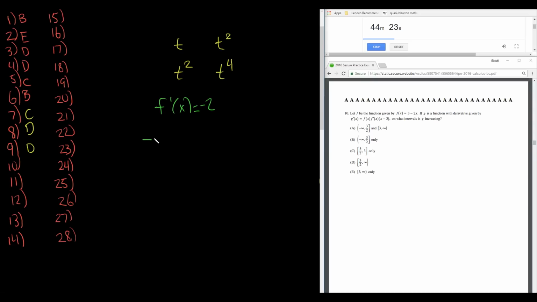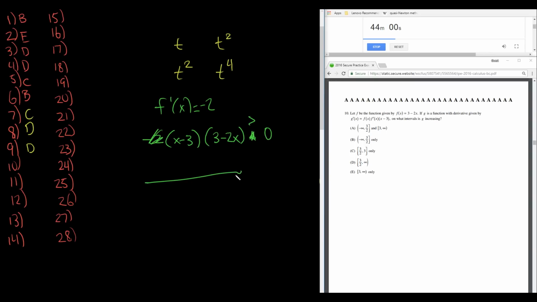So we're looking for where negative 2 times x minus 3 times f of x, so times 3 minus 2x, is less than 0, which we're lucky, so we can multiply by the negative 2 to get that this has to be more than 0. So we're lucky here.